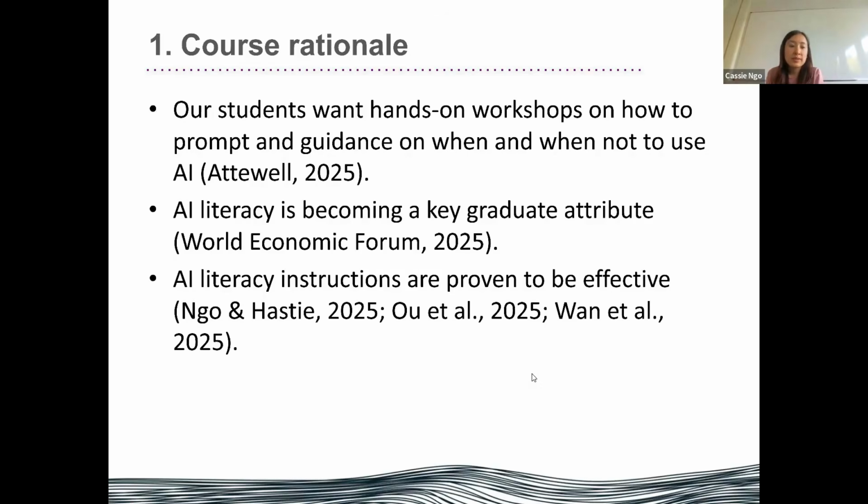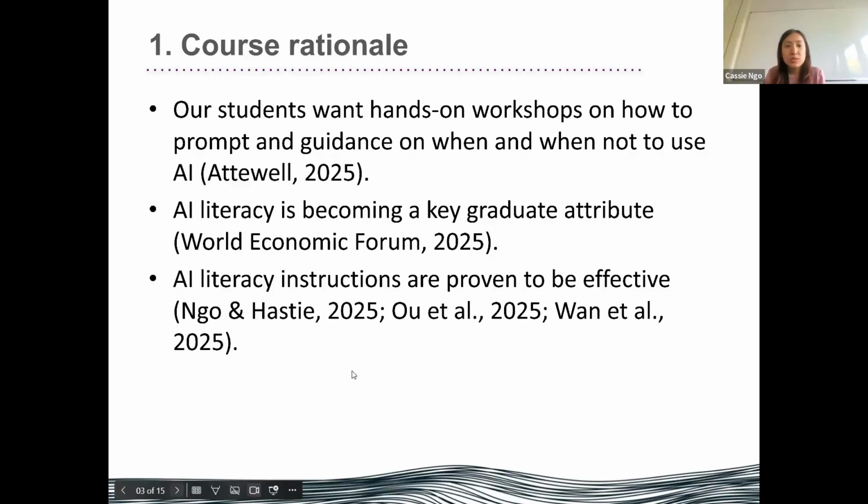Another reason for this course is that AI literacy is becoming a key graduate attribute. If you're looking at some of the recent job ads in EAP, some employers are expecting EAP tutors to have AI literacy skills. And finally, a lot of research has shown that AI literacy instruction can promote students' ethical and critical use of AI.